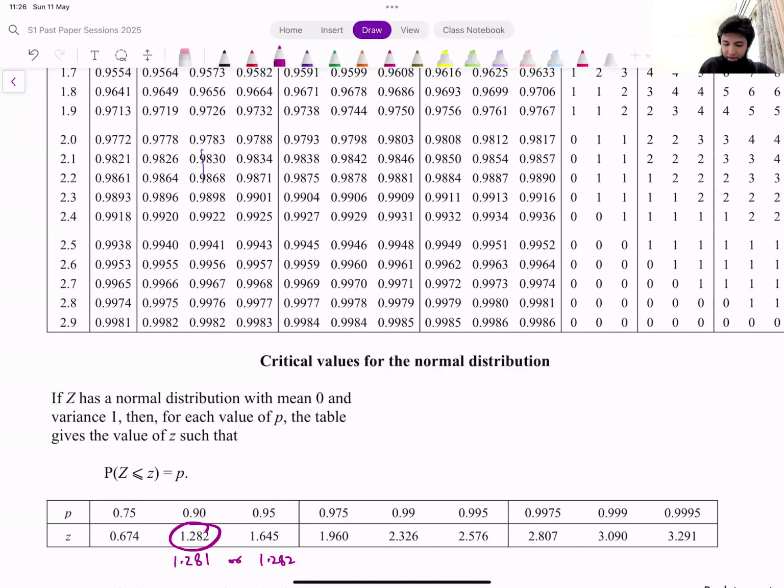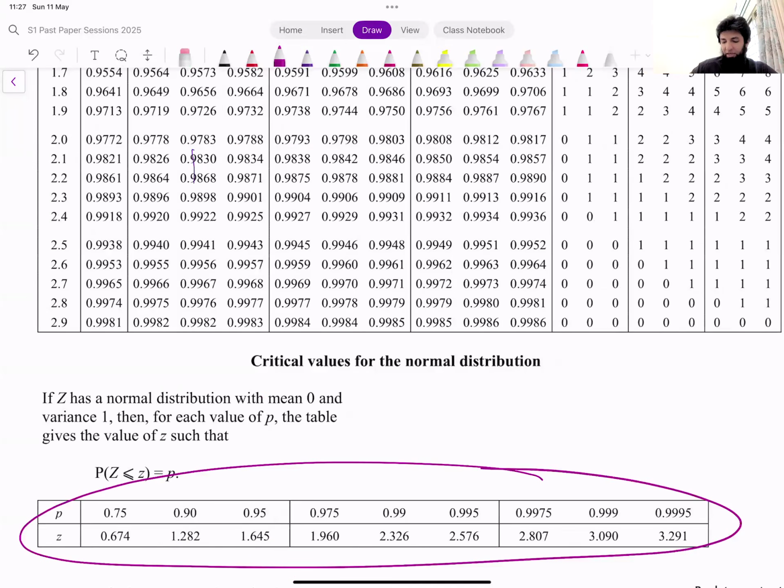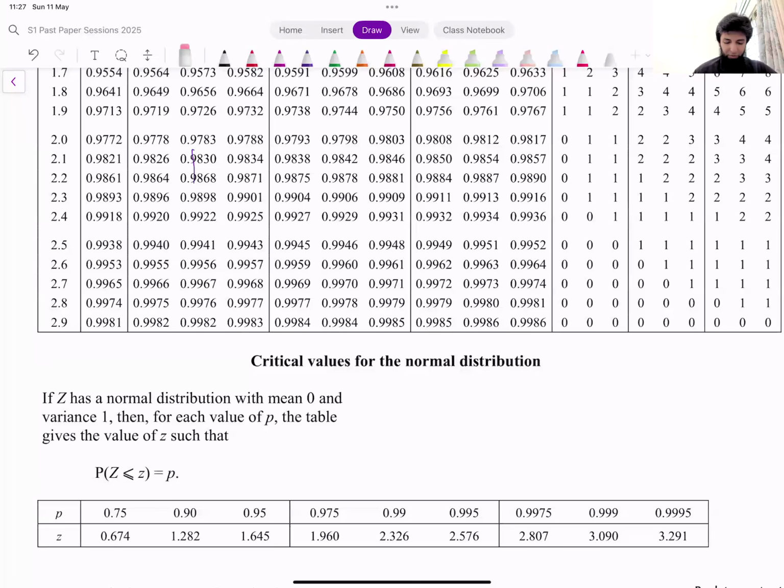Why? Because it's already given here at the bottom. So you should prefer using 1.282 in this case and not 1.281. For common values, I would recommend that you use these values at the bottom and skip the table. You'll get the same values from the table as well, but this is much quicker. That's what you should be using. Okay, let's move on now.